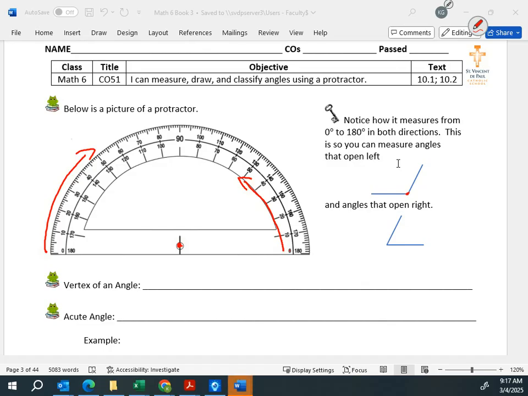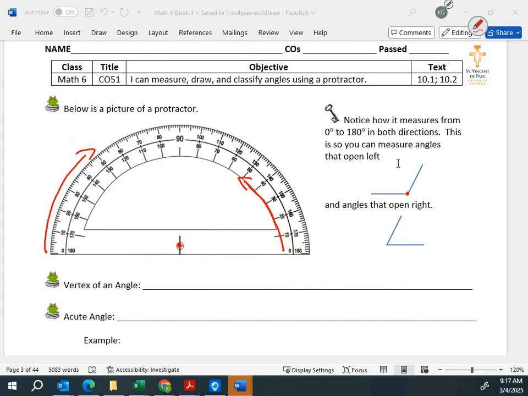And you're going to want that line going straight. So for me, we can see I have that tip of the angle right here, and that line is going straight across. It looks a little goofy when I do it on the board.